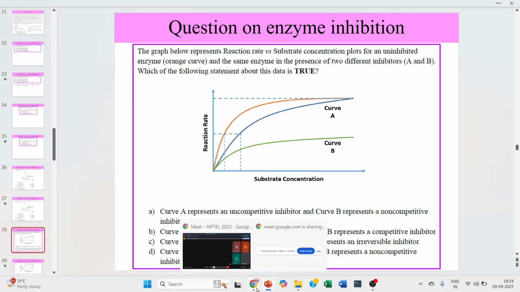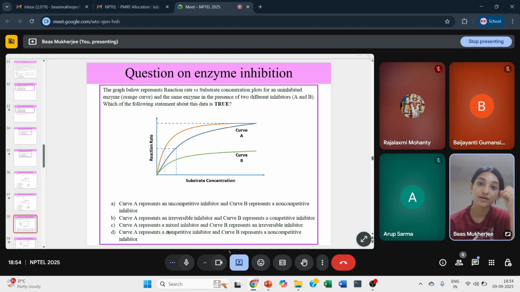Right. So now we will go for the next question. The graph below represents reaction rate versus substrate concentration plots for an uninhibited enzyme, that is orange. So Michaelis Menten, no inhibition. We have talked about this, don't forget, right? And the same enzyme in the presence of two different inhibitors. One is inhibitor A and the other one is inhibitor B. Okay.